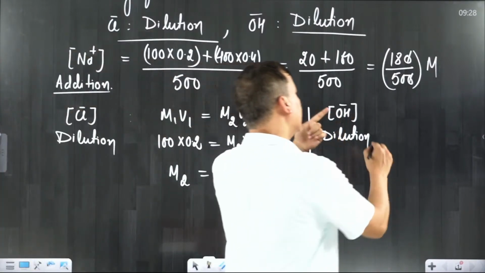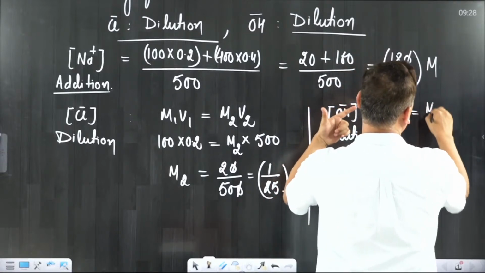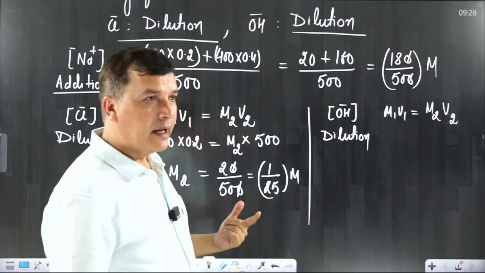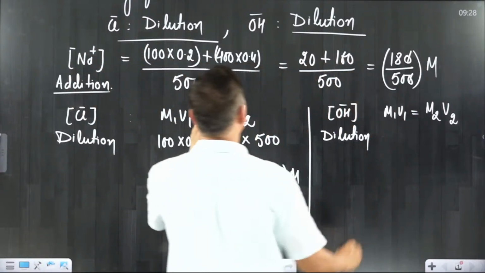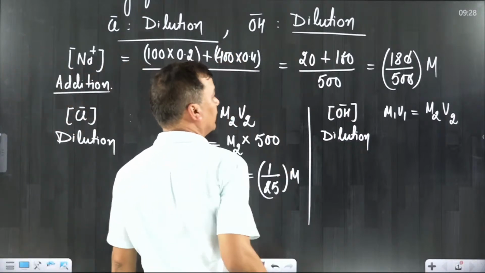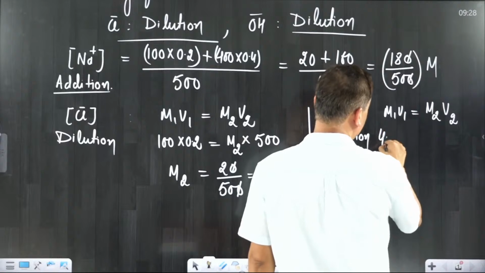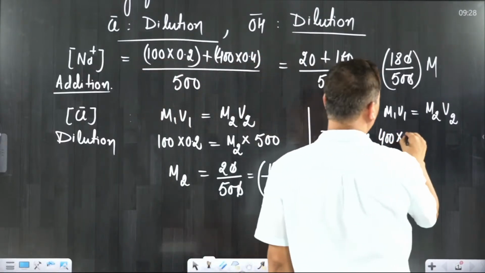So here for dilution, M1 V1 is equal to M2 V2. And will you tell me what will be the M1 for this one? 400 is volume, sorry, but M1 is 0.4.